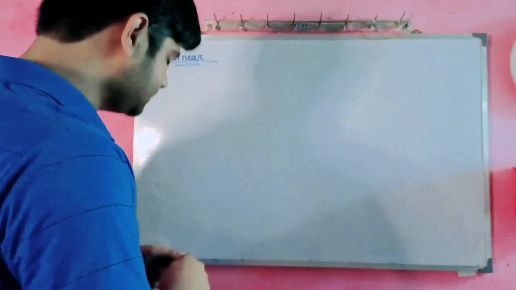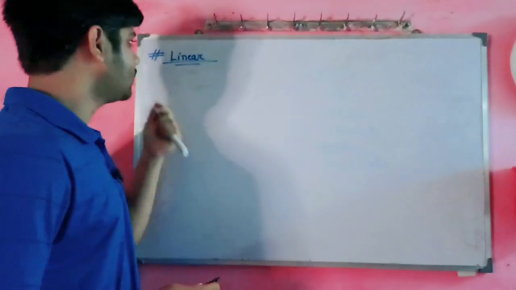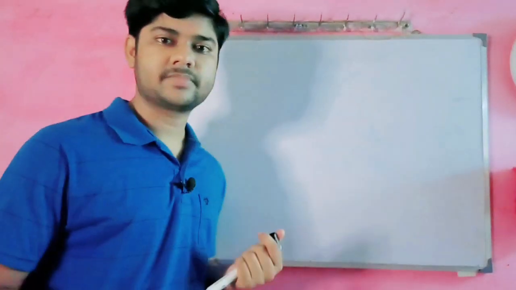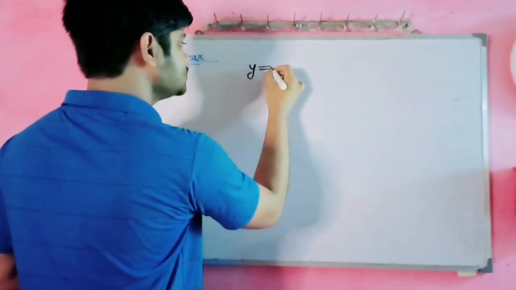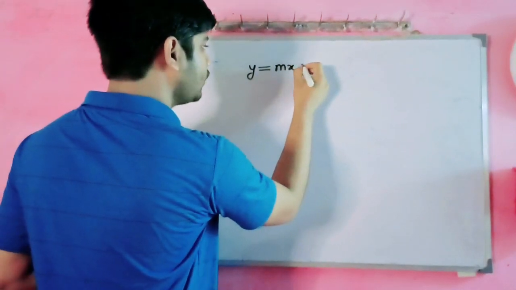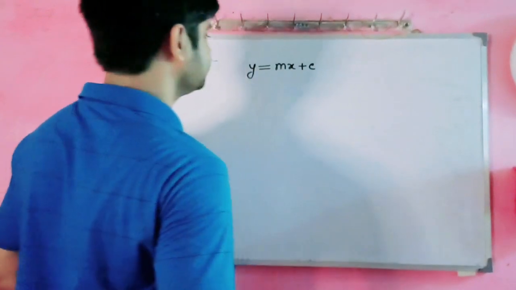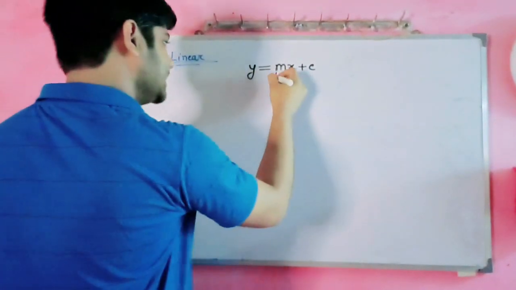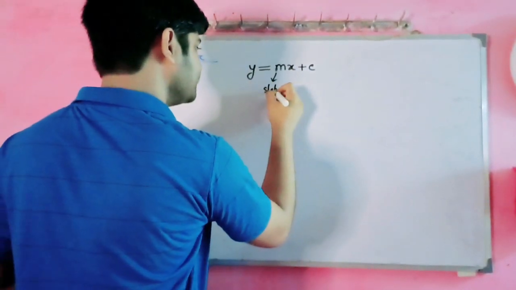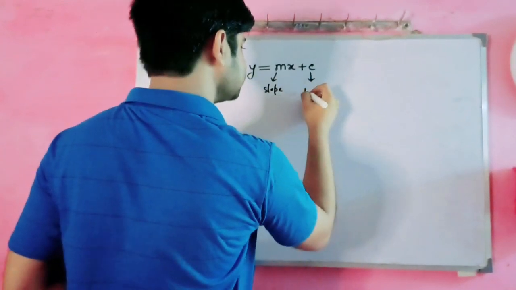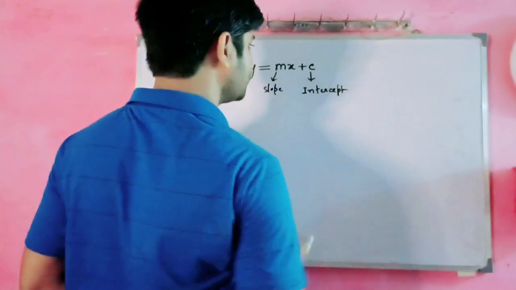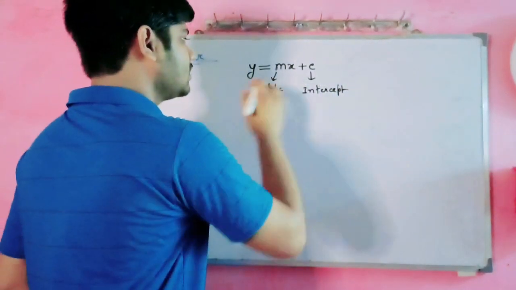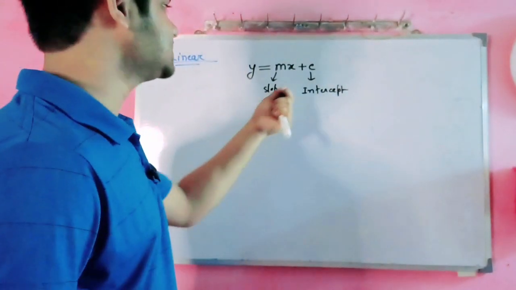The general expression for any straight line or linear line is y equals mx plus c. We all know this from childhood, where m implies slope, c implies intercept along the positive y direction if it is positive, and the negative y direction if it is negative.